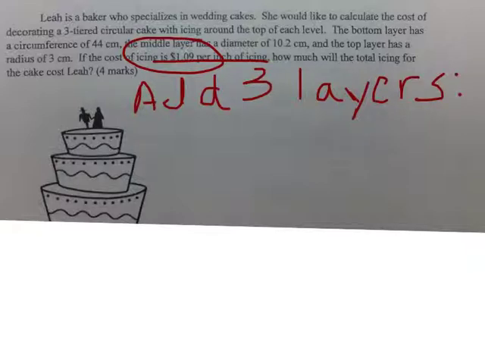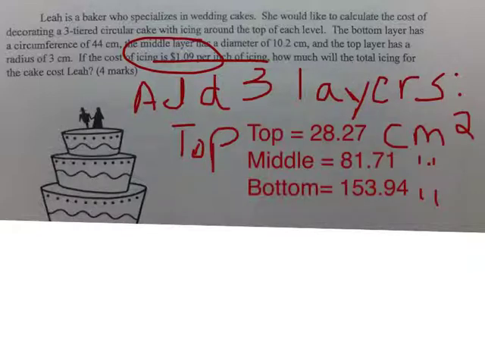So the top layer, I'm going to pause here and I'll just write it out. Okay, so I just type them out so they don't look as horrible when I write them. The top layer was 28.27 centimeters squared, the middle layer is 81.71 centimeters squared, and the bottom layer is 153.94 centimeters squared. Centimeters squared is not inches squared, but we'll get to that.